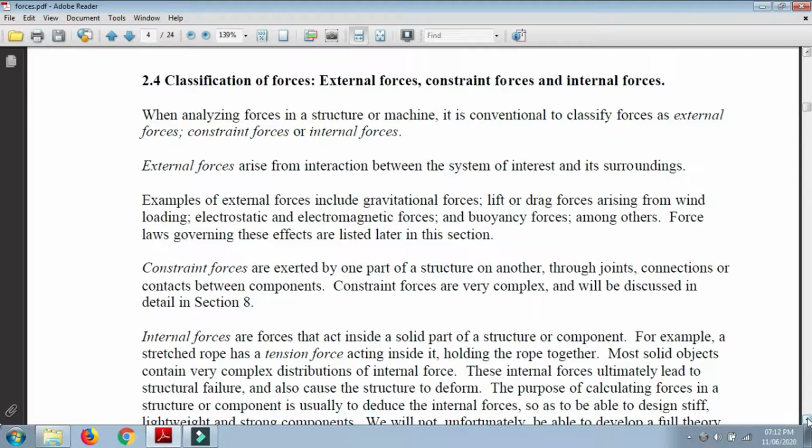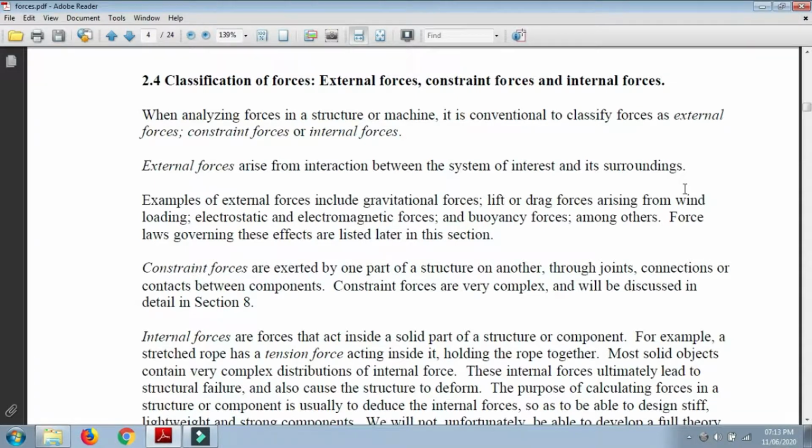So when analyzing forces in a structure or machine, it is conventional to classify forces as external forces, constraint forces, or internal forces. Now, what is an external force? External force arises from the interaction between the system of interest and its surroundings.